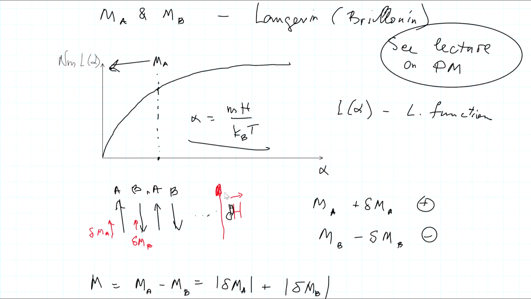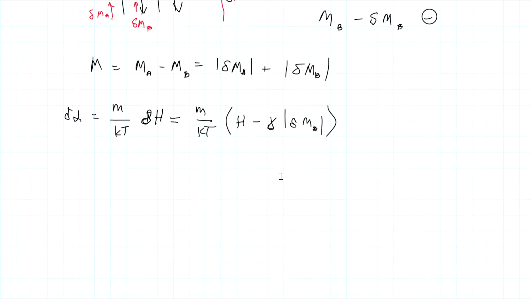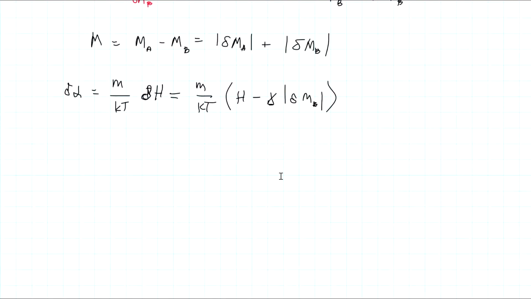Then by varying the magnetic field, we can either increase it, and that would be plus delta, or we can decrease it, minus delta. Now this is some alpha naught. Okay, so what's happening is that basically our susceptibility, in this case, the magnetic susceptibility, we can look at the magnetization.